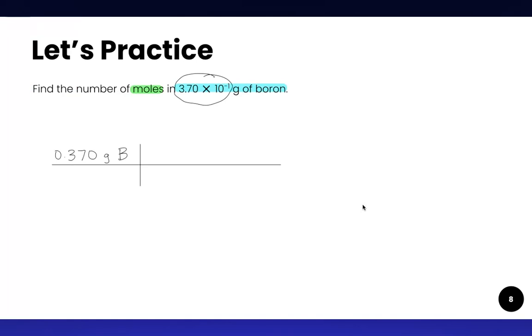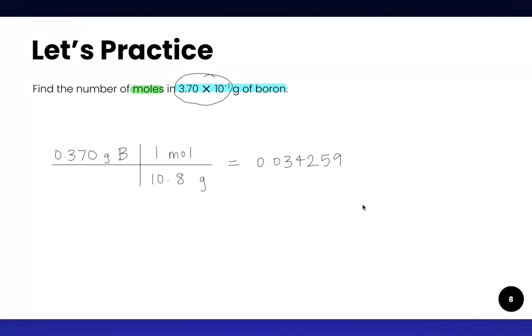So since I have grams on the top, I'm going to want to put the same unit right here so that they cancel out. So 10.8 grams in 1 mole. Okay, then 0.37 divided by 10.8 equals 0.034259.